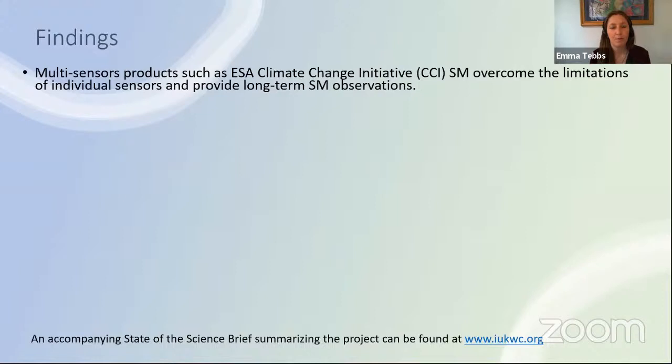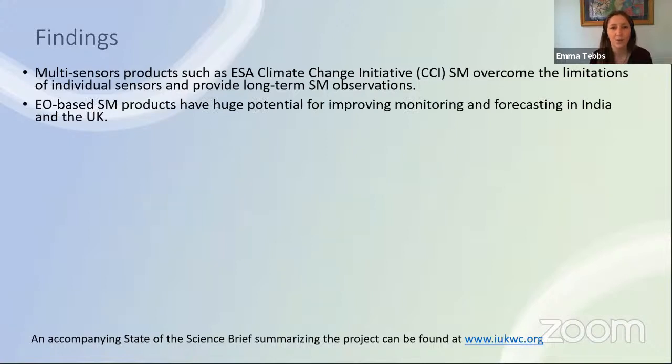We found that new products such as the ESA Climate Change Initiative soil moisture product combine data from various sensors to produce data that overcomes some of the limitations of individual sensors and to produce long-term data sets. And so these products have huge potential for improving monitoring and forecasting in both India and the UK.